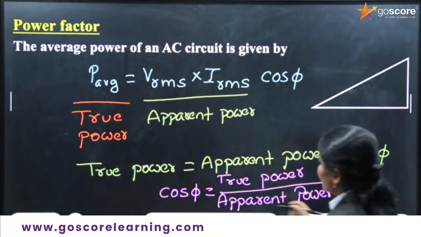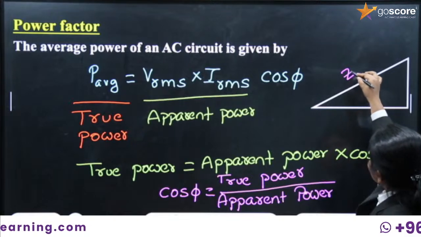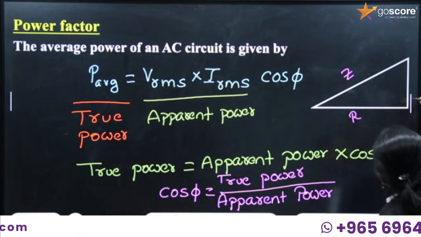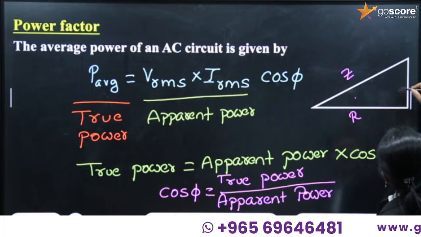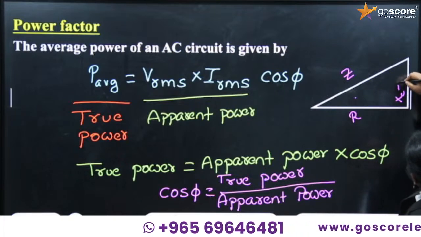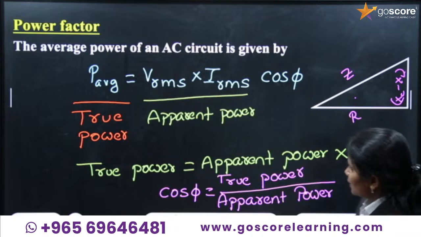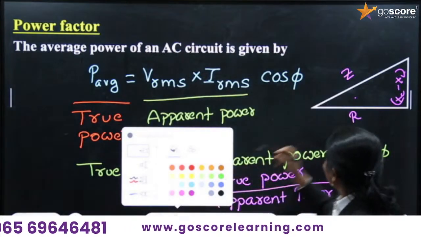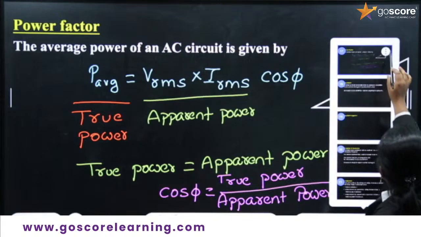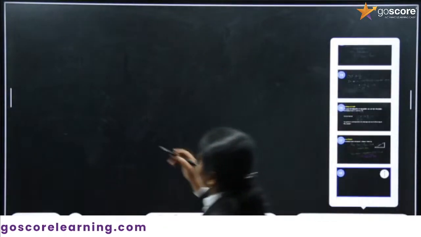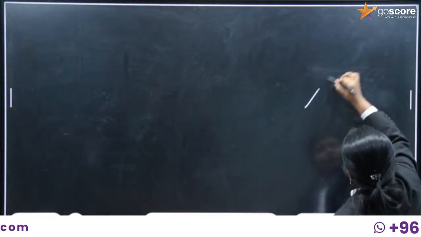Then here we know that Z is given by Xc minus XL, and we consider the angle as phi. Then cos phi is equal to, what is the diagram?